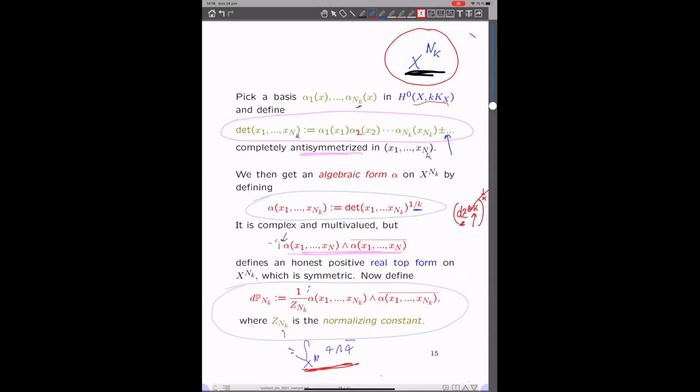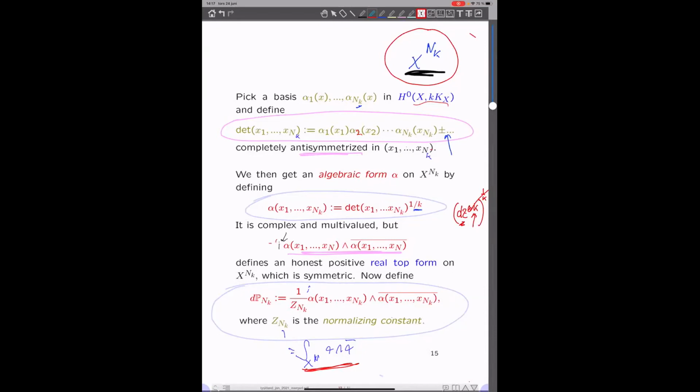But I want to get a measure, that's a real top form. So I take the wedge of alpha with alpha bar and then some power of i to make this real. This is now an honest, positive, real top form on the n-fold product. And it's actually symmetric.